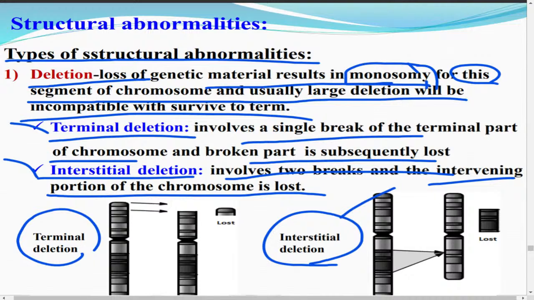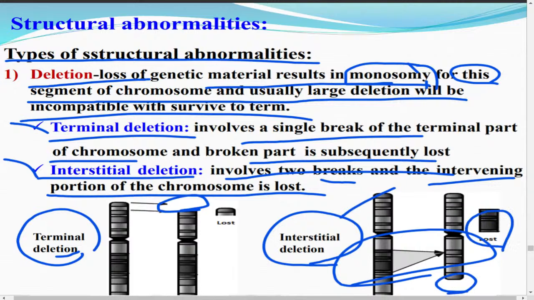The interstitial, of course, is more harmful, as we can see here, because it breaks in two places, and the terminal only breaks in one place. This portion of the chromosome here is lost, which is a larger portion than in the terminal one. Let's move to the next slide now.